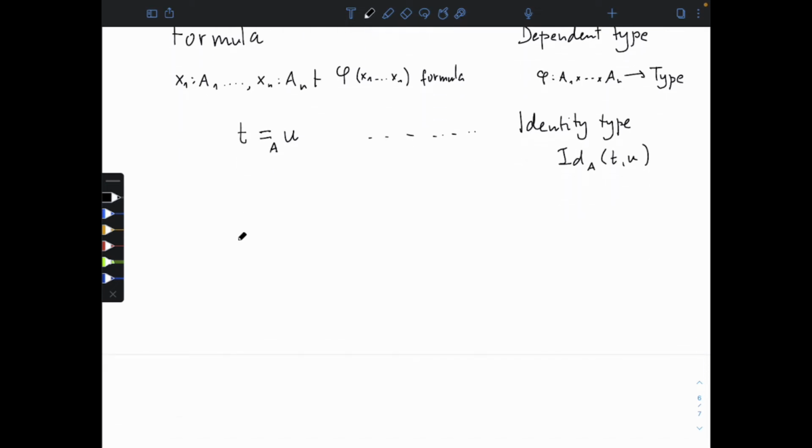Then in logic, there's an addition of new things. So for all x in A, phi of x, that's going to be pi.